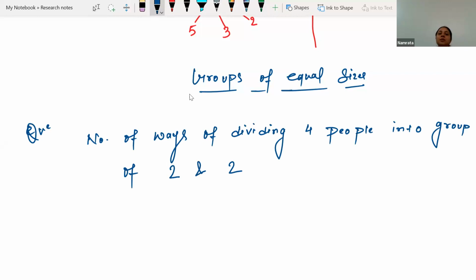The conceptual method says, okay, 4 people are there, so from 4 we will be taking 2 at first, and then we will be taking 2 after that.